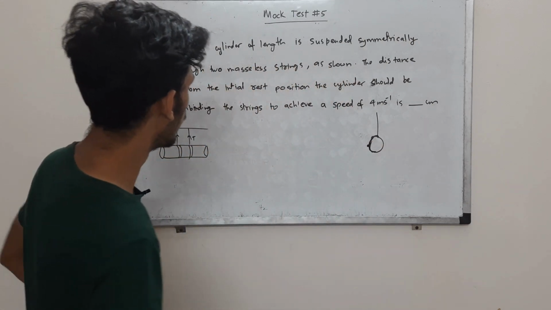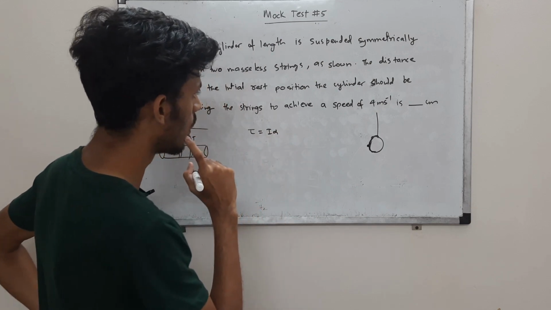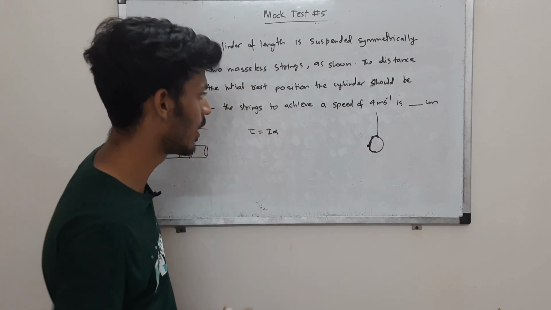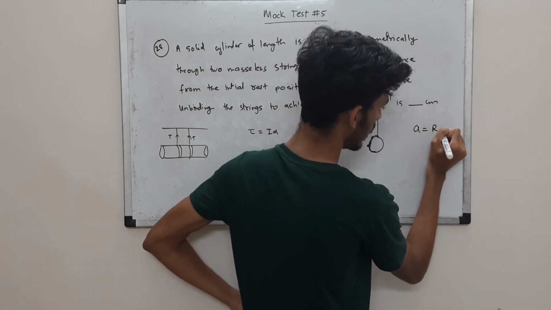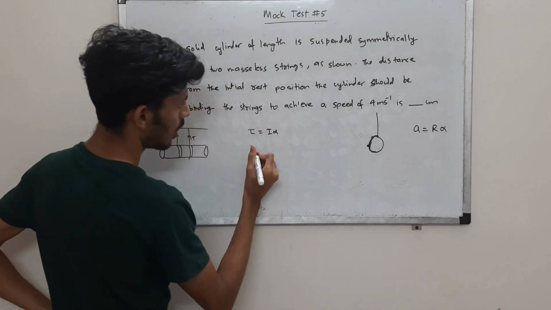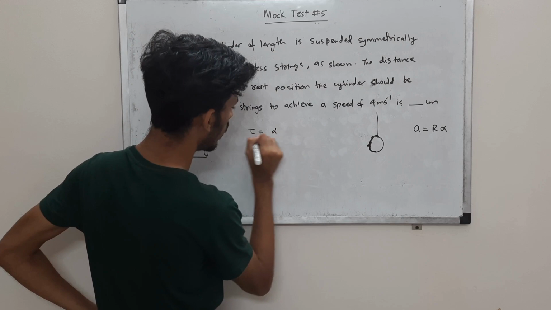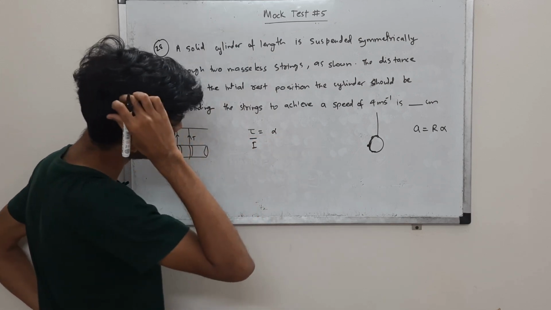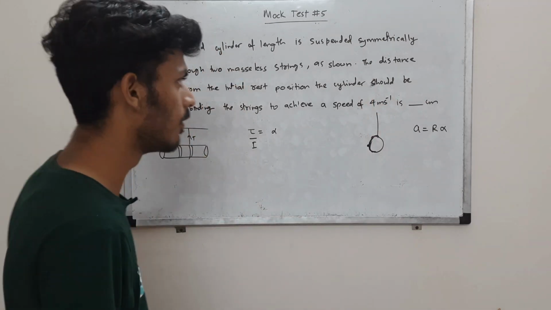So first of all we can find torque is equal to I alpha. Our thought process is about finding acceleration. I want to find the tangential acceleration, linear acceleration, which will be r alpha. For alpha I'll find from torque this way, and then from a we can find velocity.